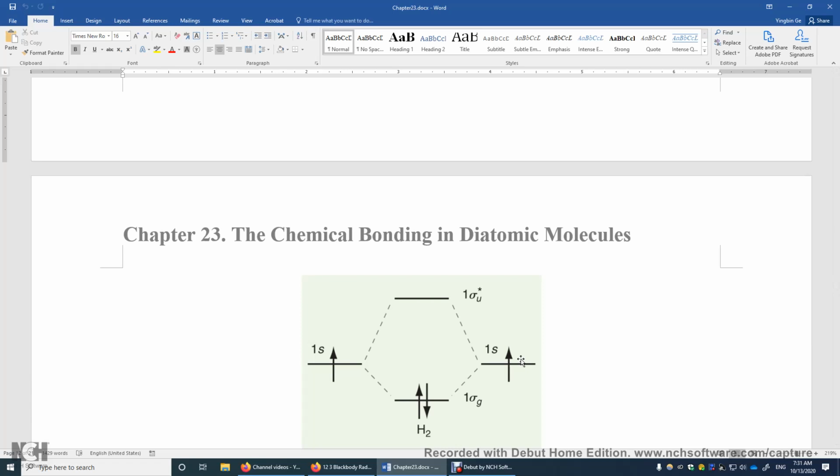The constructive linear combination gives you 1 sigma G. The destructive interference will give you 1 sigma U star. So now you put those two electrons in the lower MO over here. The bond order is the number of bonding electrons, 2, minus the number of antibonding electrons, 0, and then divided by 2. So the bond order in H2 is 1.